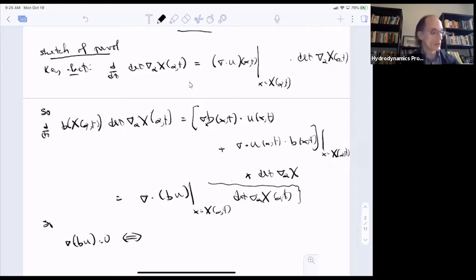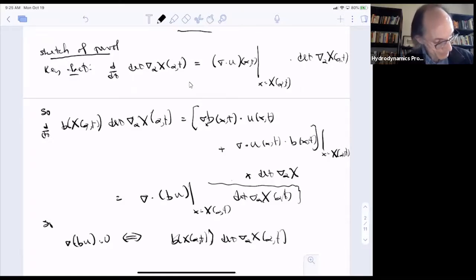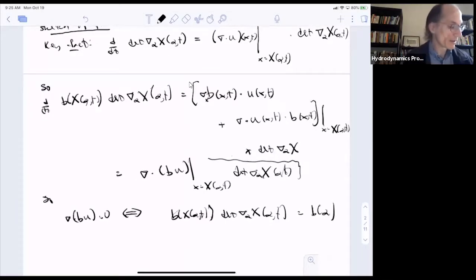At time 0, we know that the particle trajectory map, capital X, is the identity, and so this determinant becomes 1, and then b just becomes b of alpha, for all alpha and t in the time interval I'm considering.